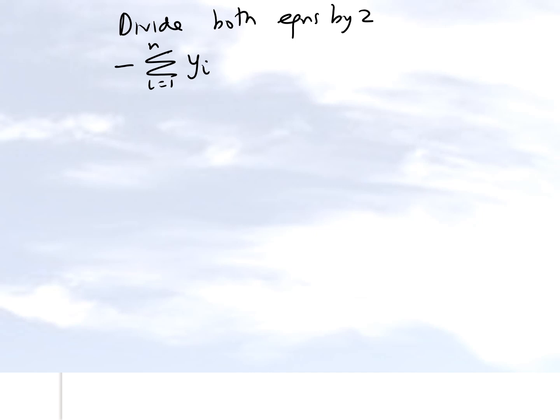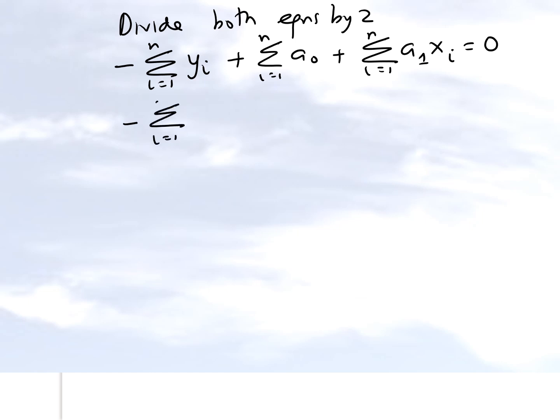I'm going to divide both equations by 2. And if I do that, this is what I'm going to get: a summation of y terms here, summation of a0 here from 1 to n, and then a summation of a term which has a1 in it. Then the next equation, I'll get something like this.